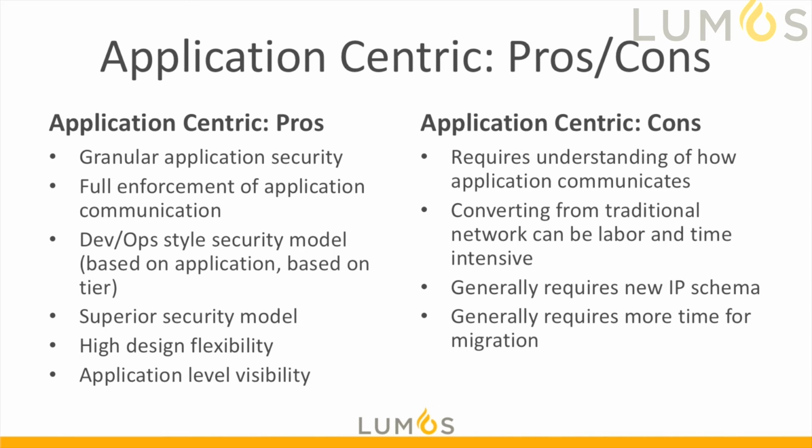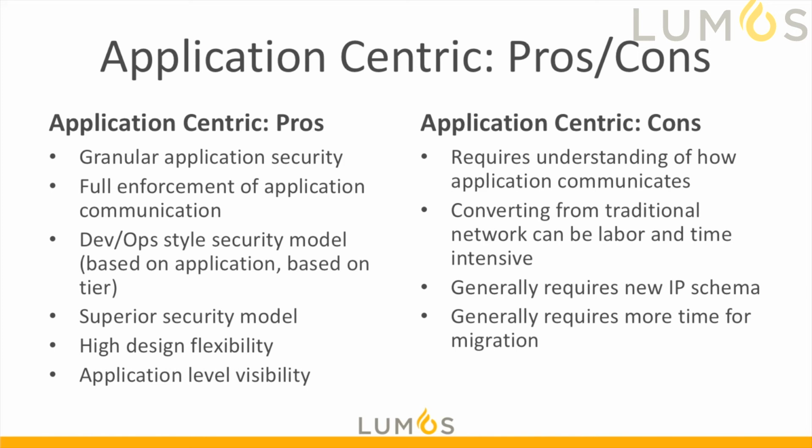Obviously, that gives us a superior security model, and then high design flexibility. So we can do contracts, we can do service insertion, and then application level visibility. Like I talked about, I can do a one click to see what the application health and status is just from a single click of my GUI.